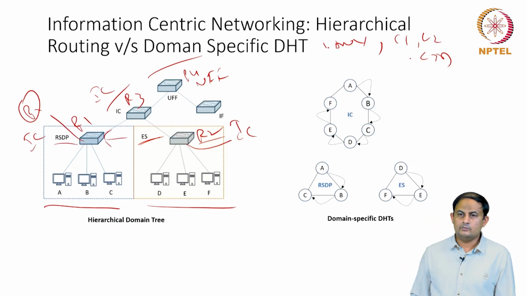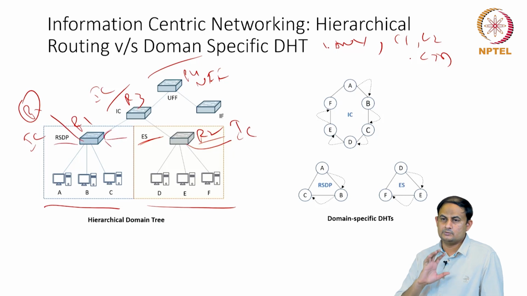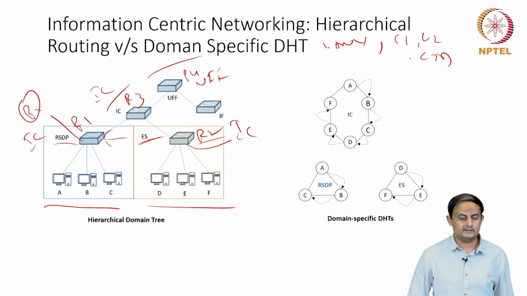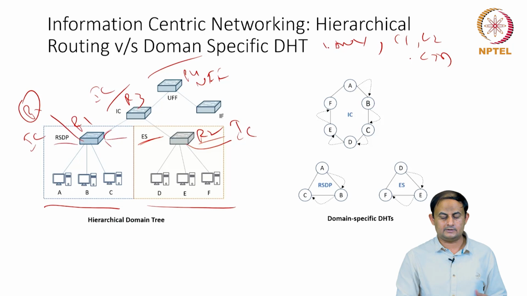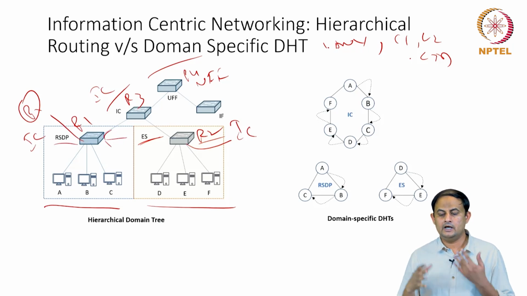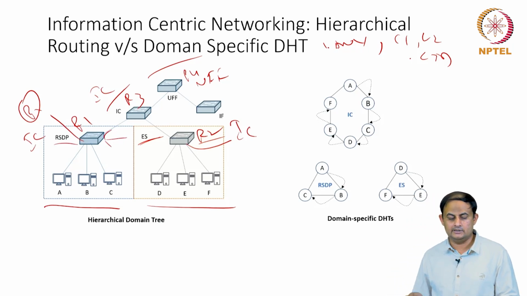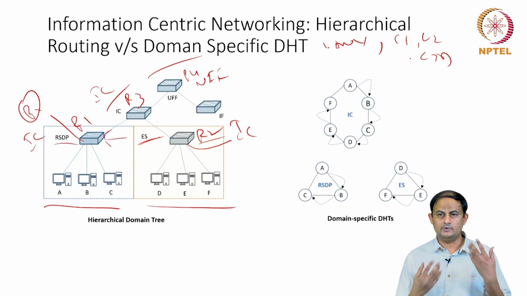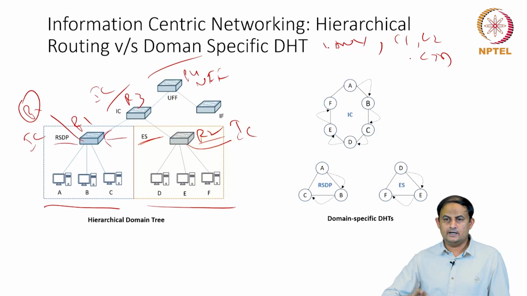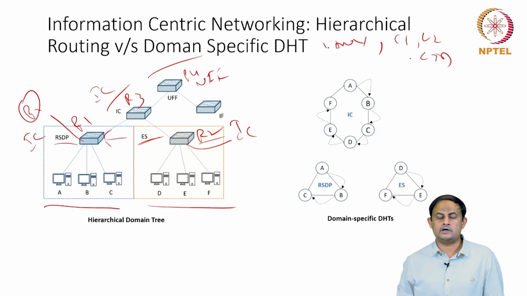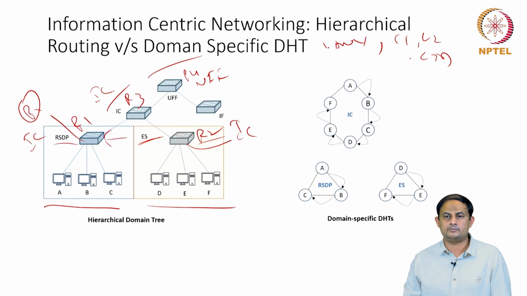So a routing mechanism looking somewhat similar to this one can also be adopted in information centric networking. What I mean by that is, if you take the previous example on the left hand side, I build a distributed hash table for the content having the prefix IC. I build a distributed hash table for the prefix ES. I build a distributed hash table for the content having the prefix RSDP, and then I circulate them among the nodes which are interested in receiving the content for that prefix.